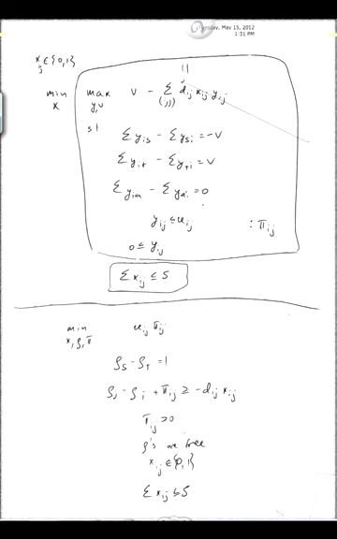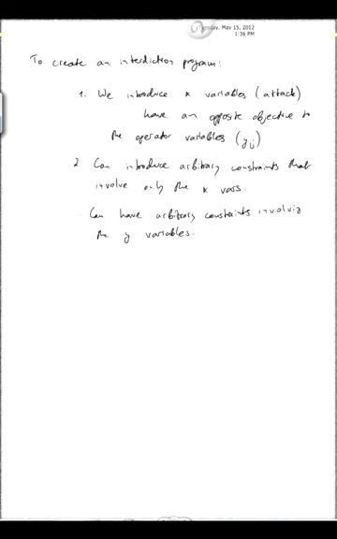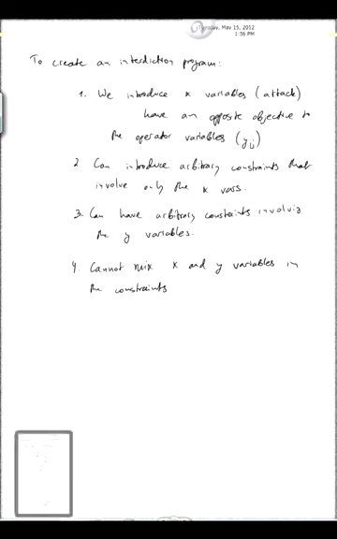We have some capacities, we have these network flow constraints, etc. But probably what's more important than this is how to actually mix the x variables and the y variables. We cannot mix x and y variables in the constraints. So let's see why that is.